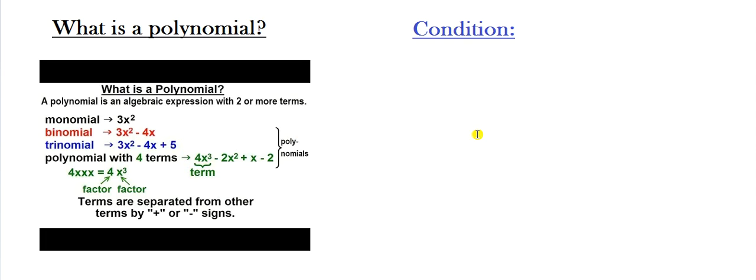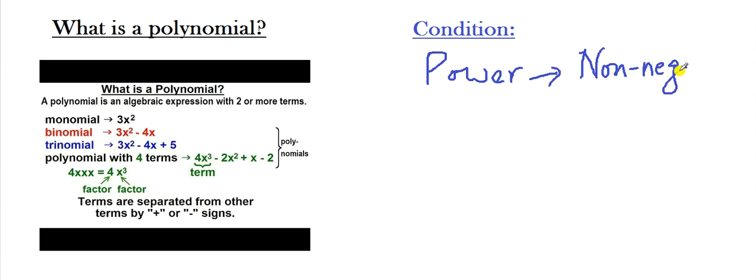Okay, so basically the power is always a non-negative integer. As you can see, here is 2 and 4x, that means the power is 1, and then here it is cube, and there is no power here, so this term is basically called a constant.